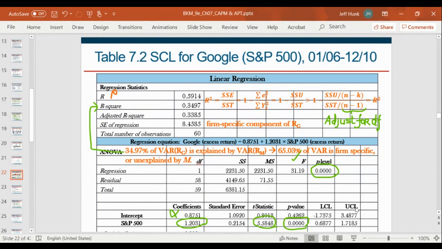Now, sometimes the model specification could be multivariate, like multiple regression, right?